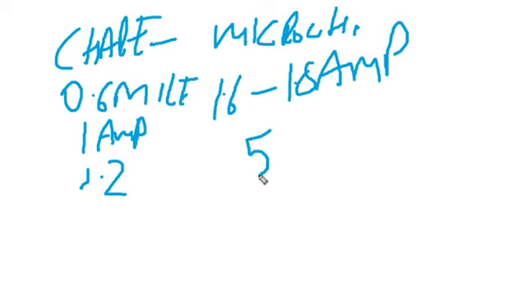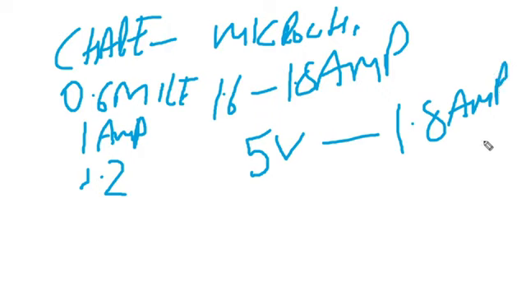But voltage is still 5 volts. So your phone is working at high speed on 5 volts, consuming 1.8 amperes, if you have a good phone with a micro USB port. Sometimes it's 2 amperes fully consumed for fast charging.